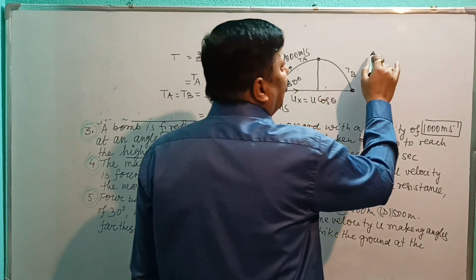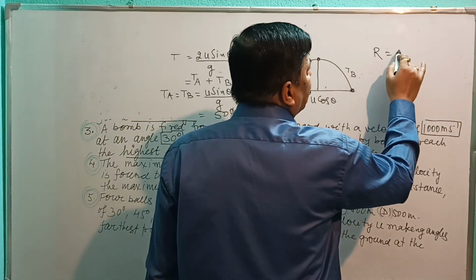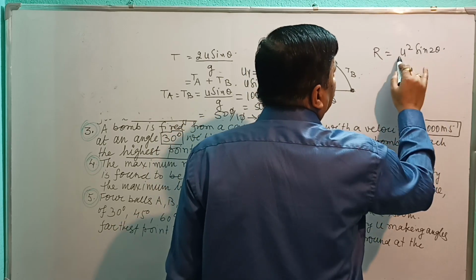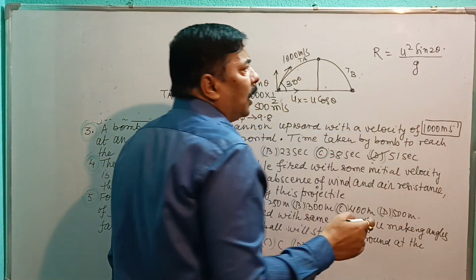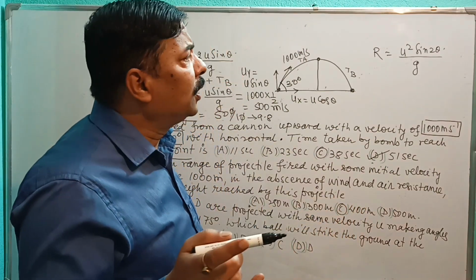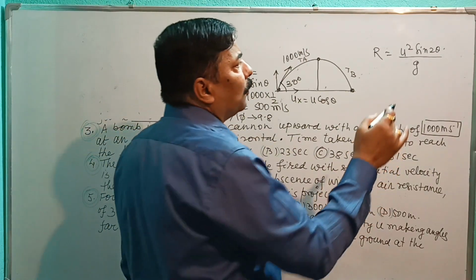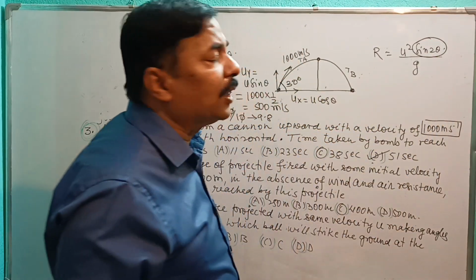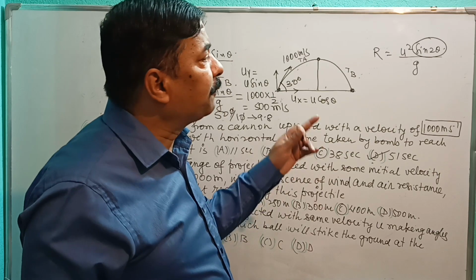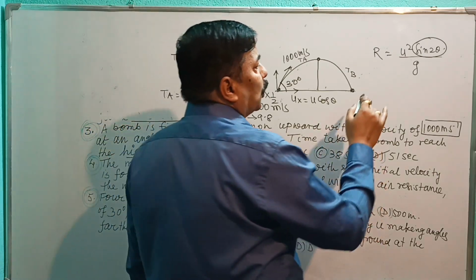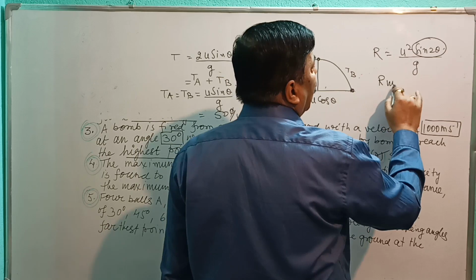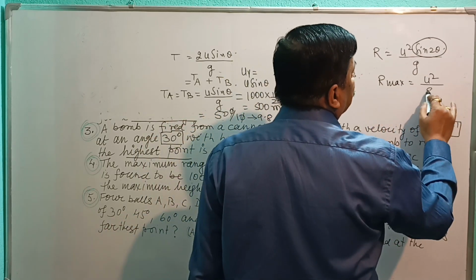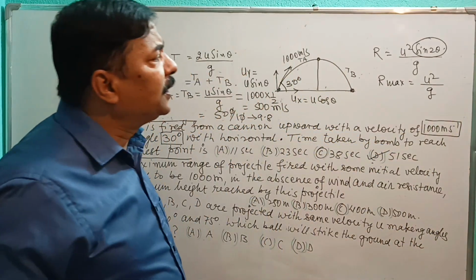Range maximum, the formula for range you have seen, it is U square sine 2 theta by G. You have already understood that range is maximum when theta is 45 degree. So at 45 degree range is maximum. So range maximum you can write as U square by G. Now U square by G is the range maximum.